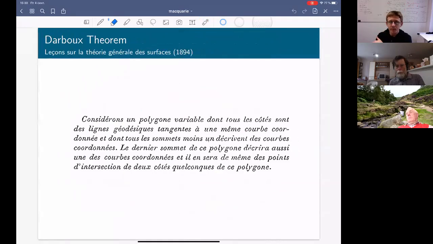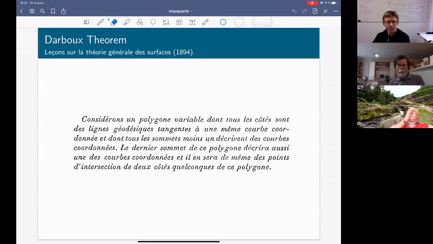Now, I would like to tell about one consequence of the Poncelet theorem, which was proved by Darboux, where he was considering those polygons obtained by those constructions of Poncelet. So here is the extract from the original of his great lectures on surfaces from the end of the 19th century.